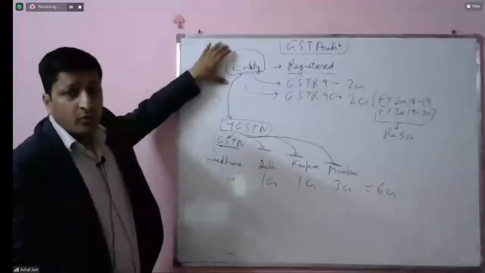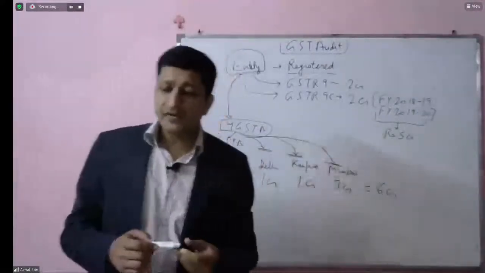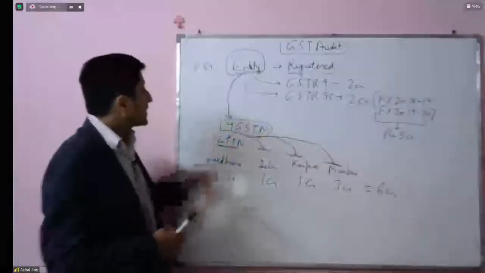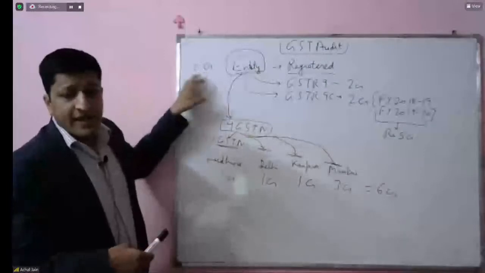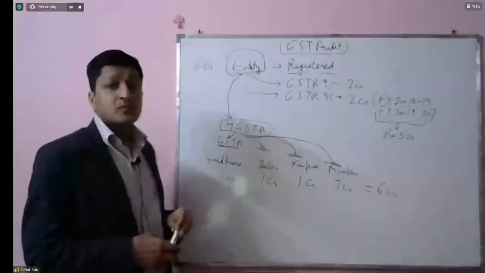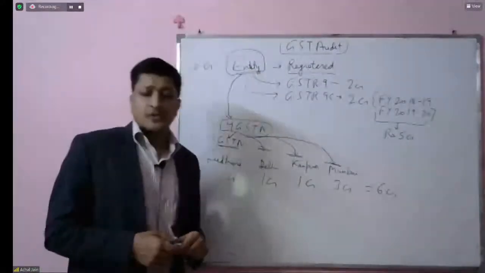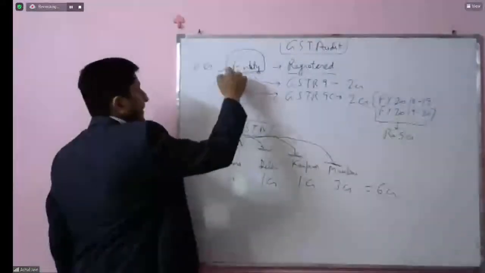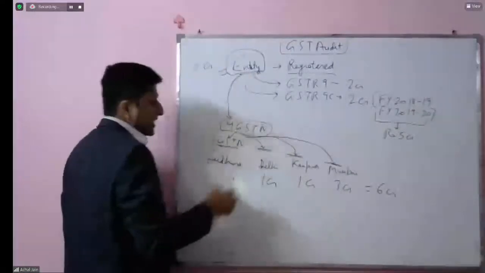So Reena is asking, so that means for every GSTN we have to check the threshold limit? No, as I told you, the threshold limit you will check at the entity level in terms of applicability of GST audit.